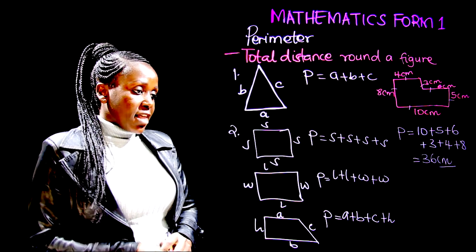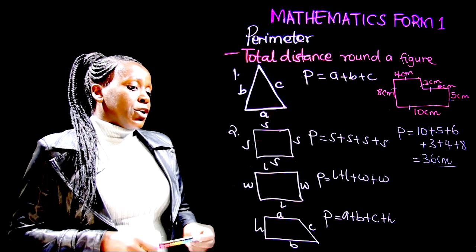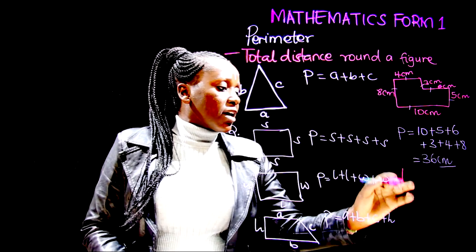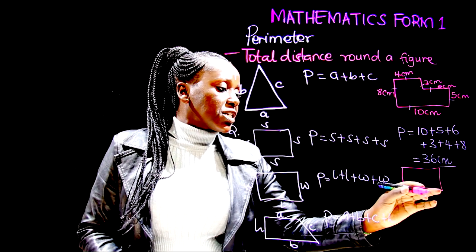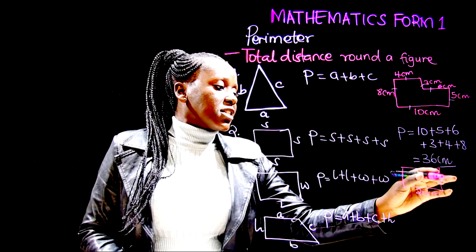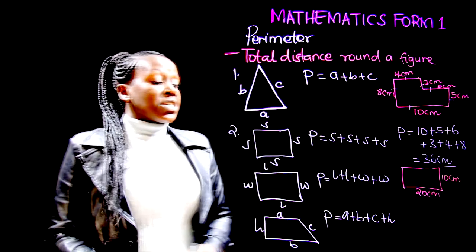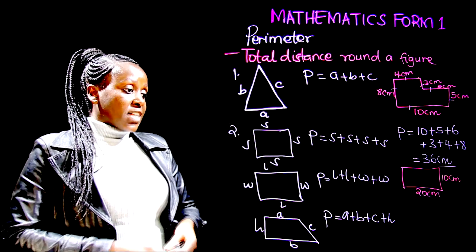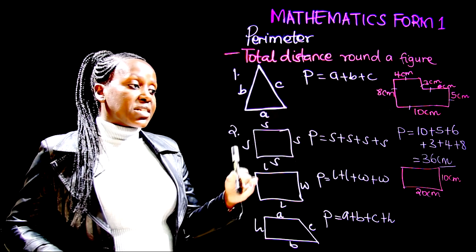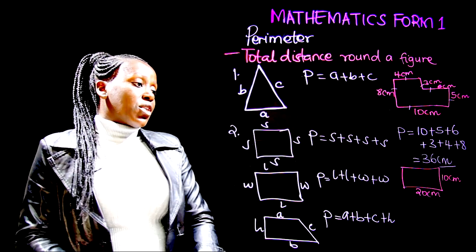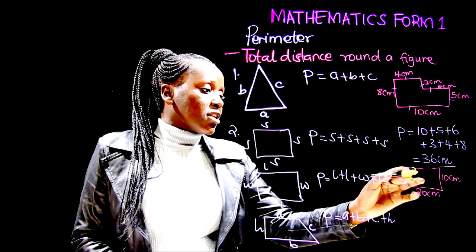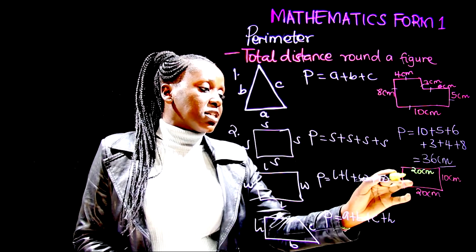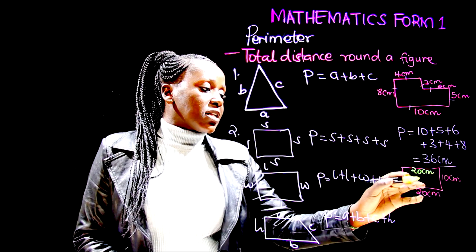If you have another figure, so for a rectangle, you would be given the value of 2 sides. This is 20 centimeters and this one is 10 centimeters. So it is up to you to know that in a rectangle, the opposite sides are equal. So that means that if this side is 20 centimeters, then this one is also 20 centimeters and this one is 10 centimeters.